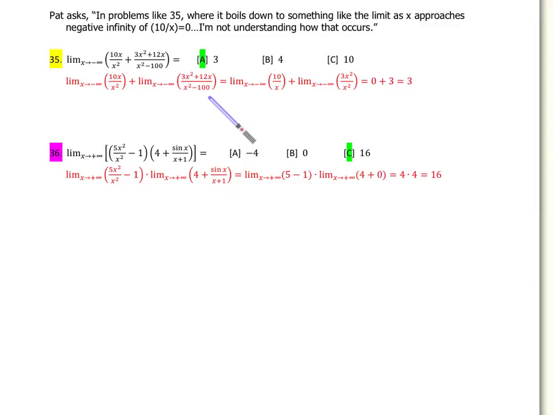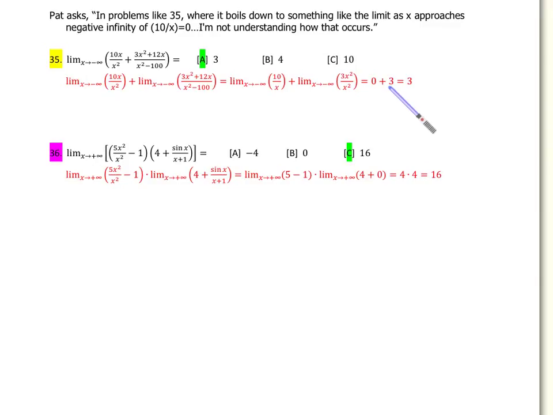So if I go back to my number of x is 1,000,000, this is basically going to be 3 trillion plus a little bit, and this is going to be 1 trillion minus a little bit, and basically 3 trillion divided by 1 trillion is going to be 3. So that's what happens right here. We're going to end behavior model this to get this guy right here. We're going to cancel the x squareds, and the limit as x approaches negative infinity of 3 will be 3.